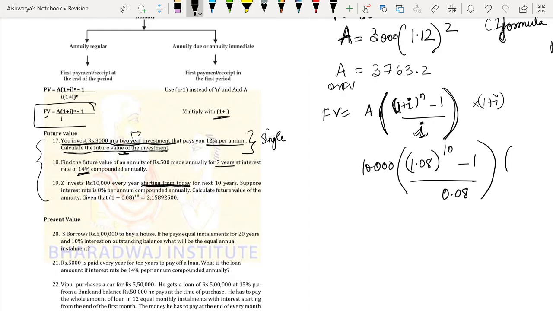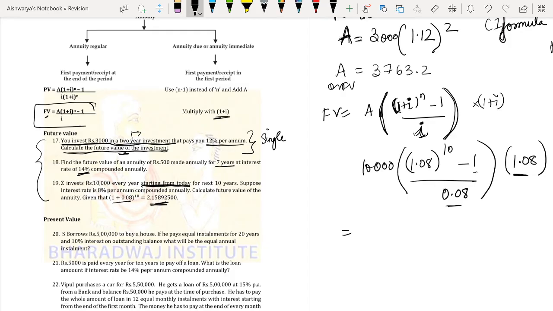This divided by 0.08 makes it 14.4865625 into 1.08 into 10,000. That makes it 1,56,454.875. Okay, so this is the value that you're getting for the future value.